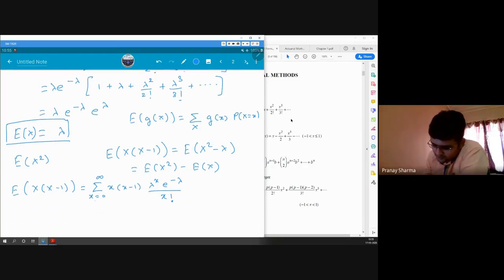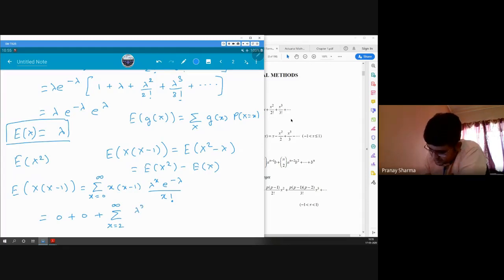Now here when I put x equals 0, I will get 0. When I put x equals 1, I get this as 0. So I will remove those two values, and then from x equals 2 to infinity, we are going to remove both of these values from our x factorial.